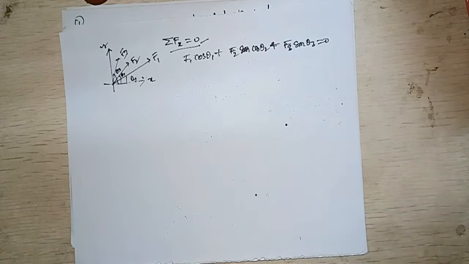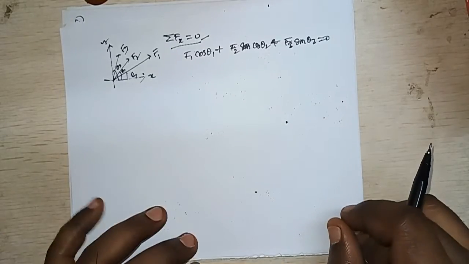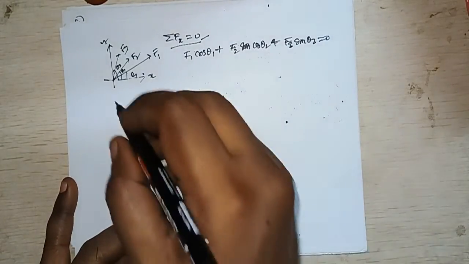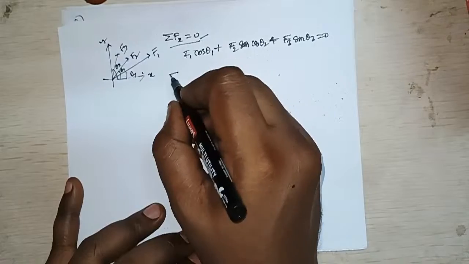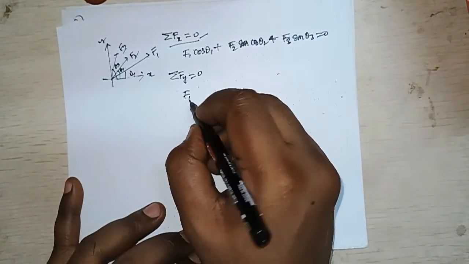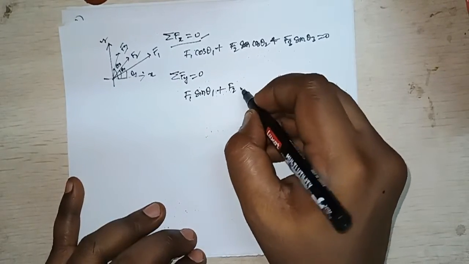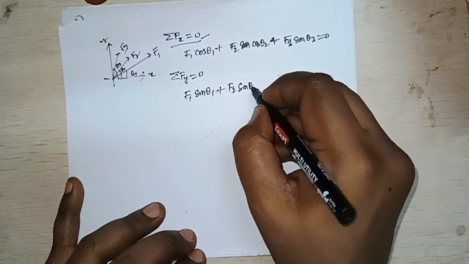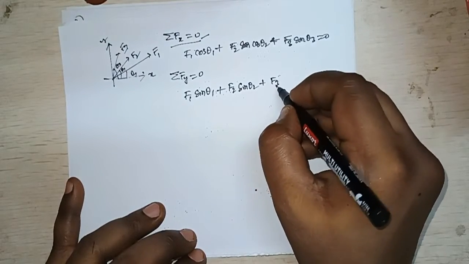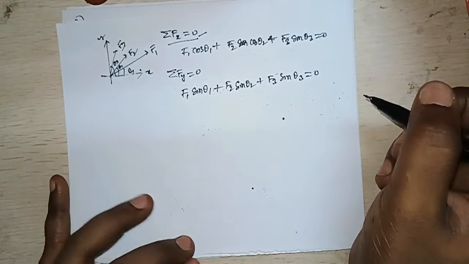Most of civil engineering is static, and that can be easily done by this static equilibrium equation. So this is F of x is equal to 0, then F of y is equal to 0. Let's check. F1 sin theta 1 plus F2 sin theta 2 plus F3 sin theta 3 is equal to 0.